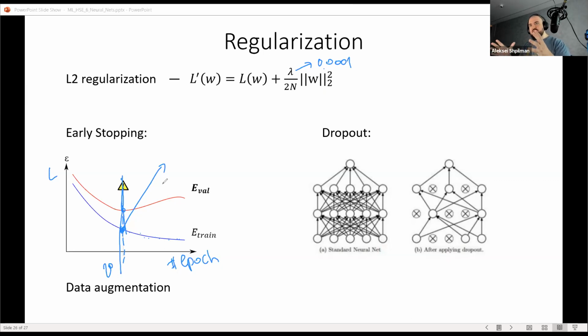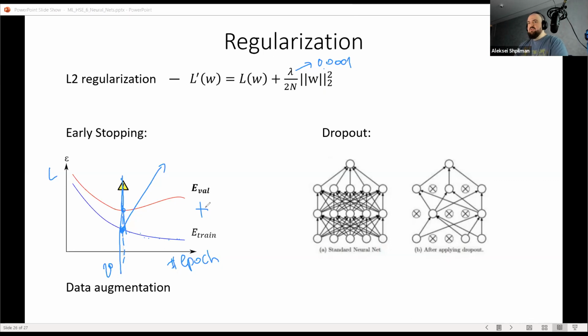You already know these are the best parameters. You don't need to find them again. So after you find the best parameters, you just merge the validation and training data together and launch with the defined parameters. So you know your regularization term, you know the optimal number of epochs, and you launch with that.